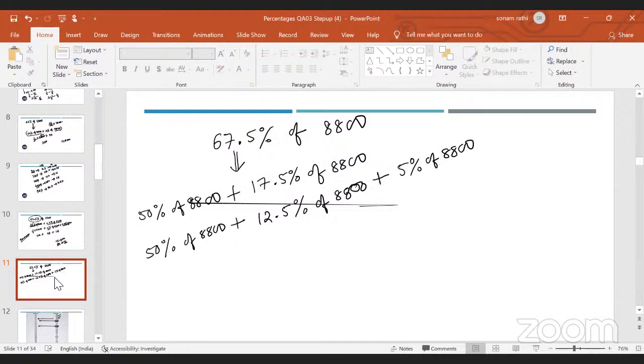Correct? Yes or no? Tell me. One over two, 1 by 2. Correct. Plus 1 by 8. Very good.